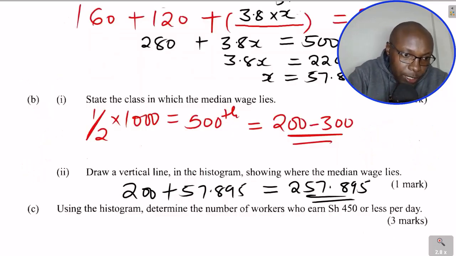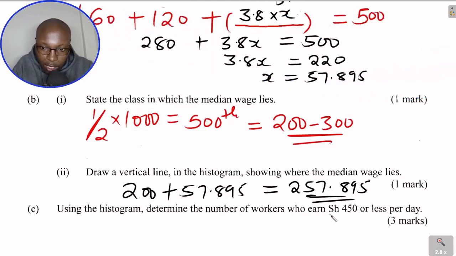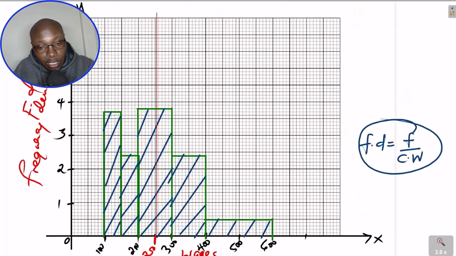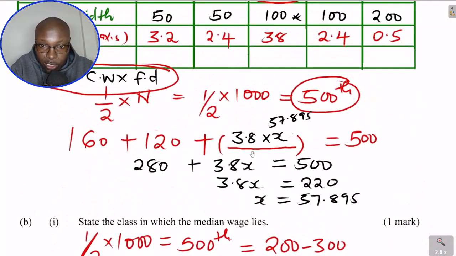Now the other one is to use the histogram to determine the number of workers who earn 450 or less per day. You can use the histogram, or you can go to the table. The table here is the one that is going to help you.